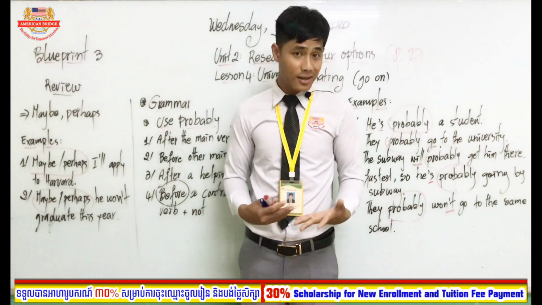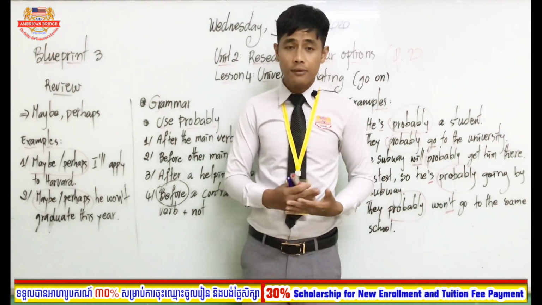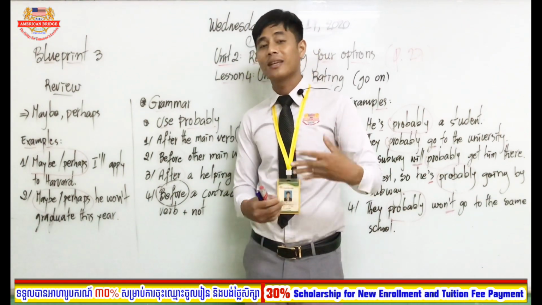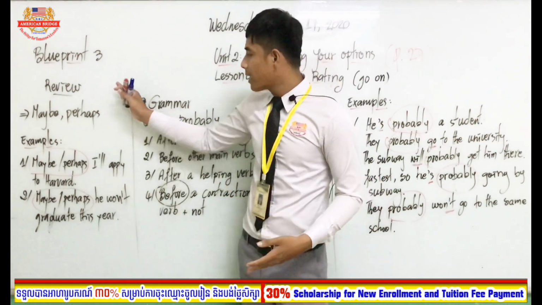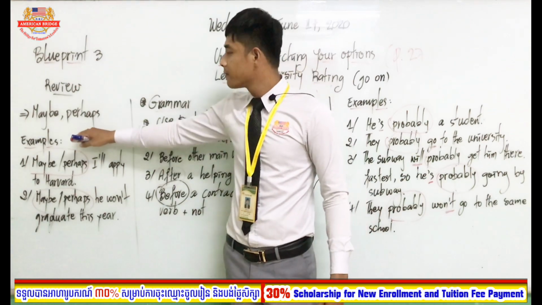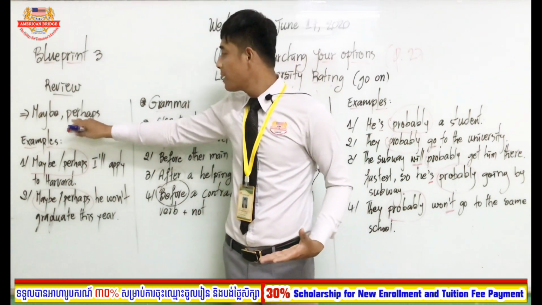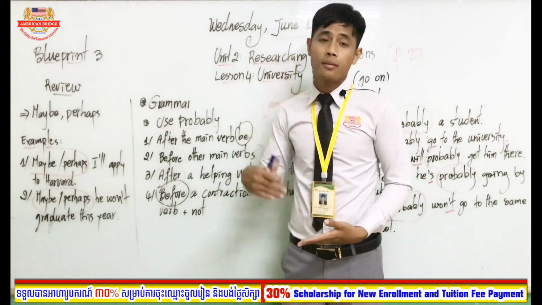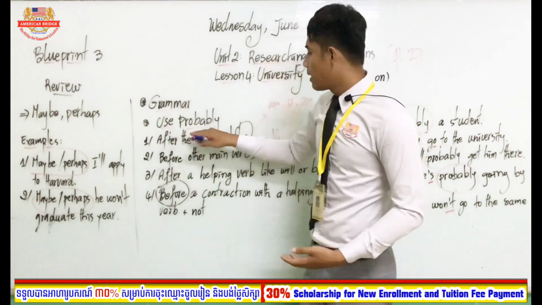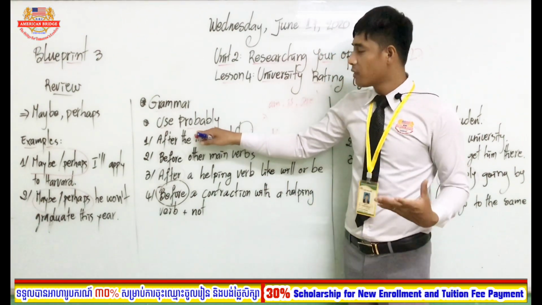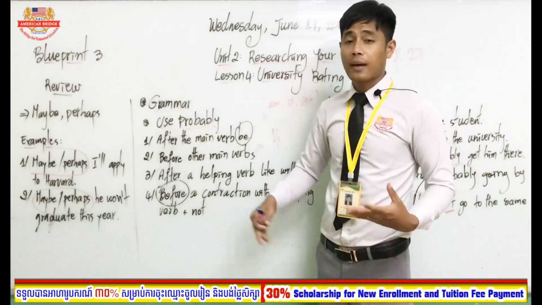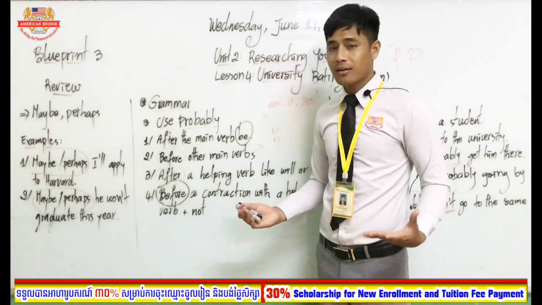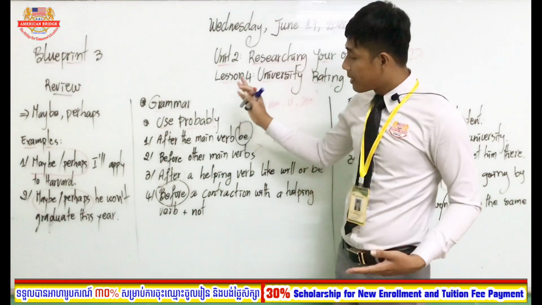Our video is coming to the end, but before the teacher finishes this video, let the teacher tell you what we have learned today. Today we reviewed some grammar like maybe and perhaps. You already know exactly about maybe and perhaps. For the main topic today, we talked about the places of probably in sentences, as you can see in the examples.